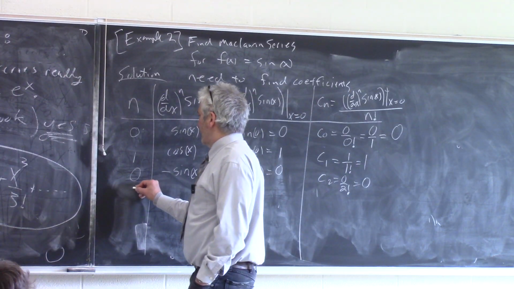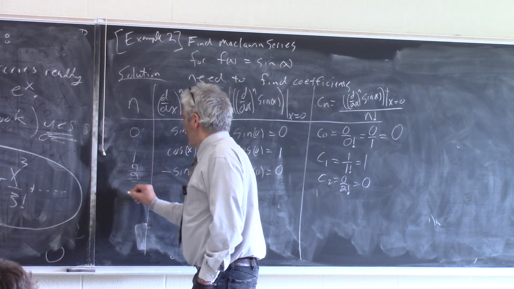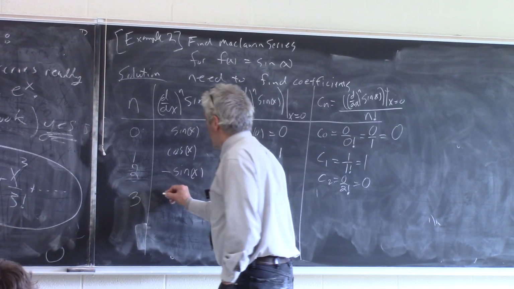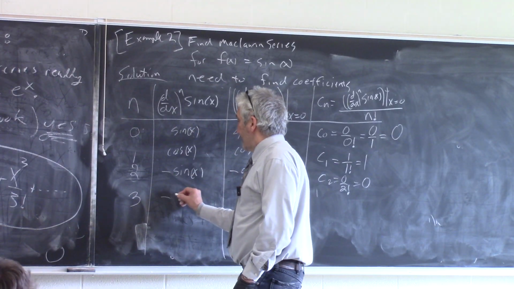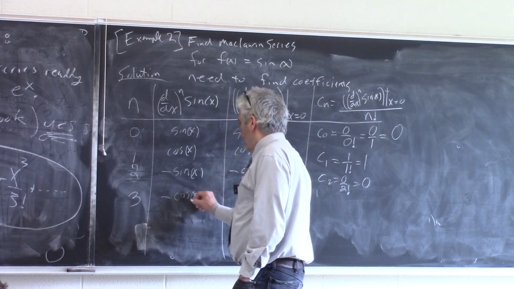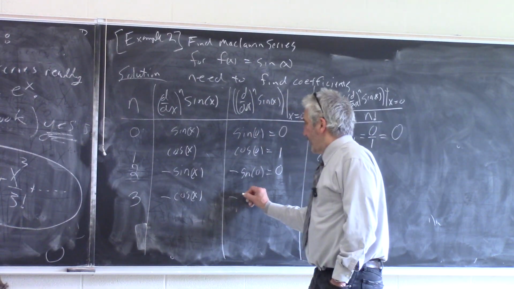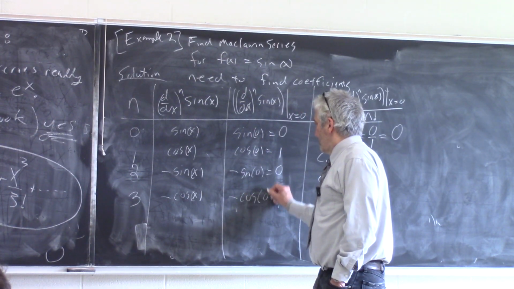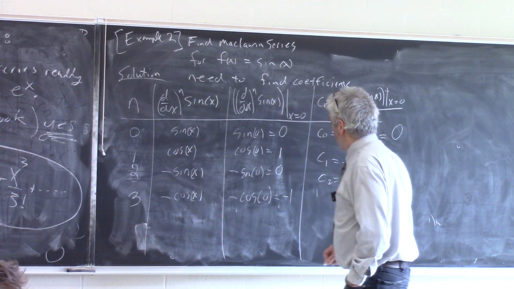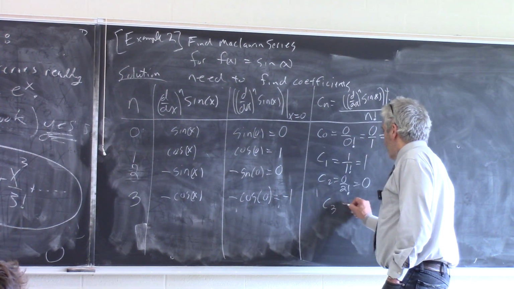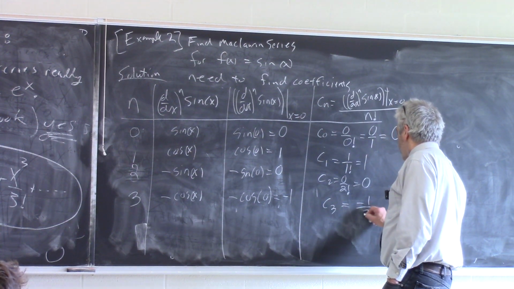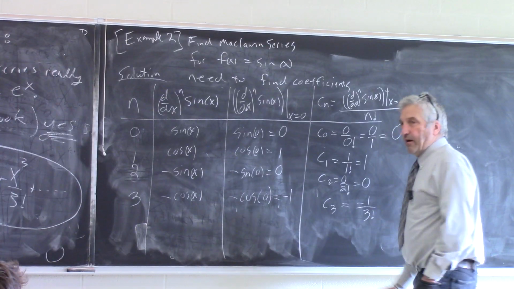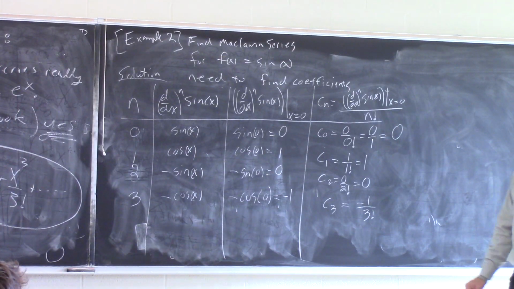When n is 3, I get the derivative of this. That gives me minus cos x. So when I plug in 0, I get minus cos 0. So that's minus 1. So C3 is going to be minus 1 over 3 factorial. Now that's not hard to compute. 3 factorial is just 3 times 2, which is 6. But I'm going to leave it in that form.